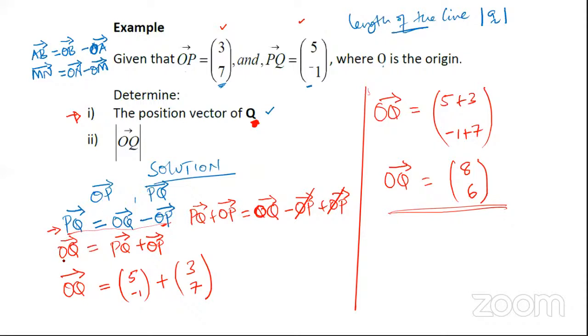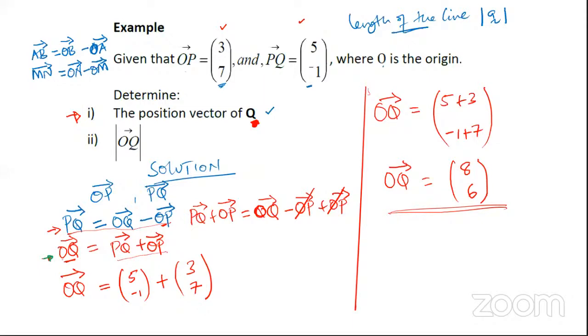And when you make Q the subject of the formula, you come to this. Is it okay, making the subject of the formula? No. Okay, Rachel is not with us. She's not sure.